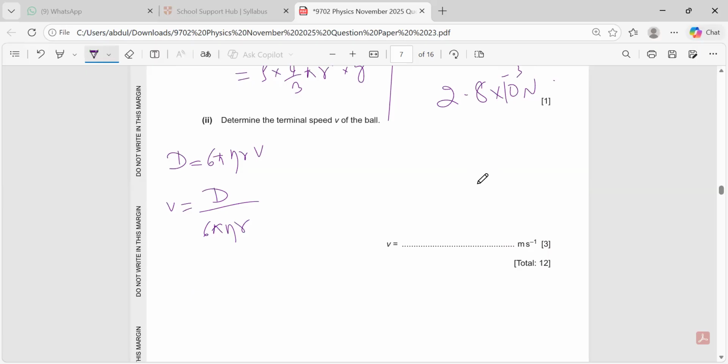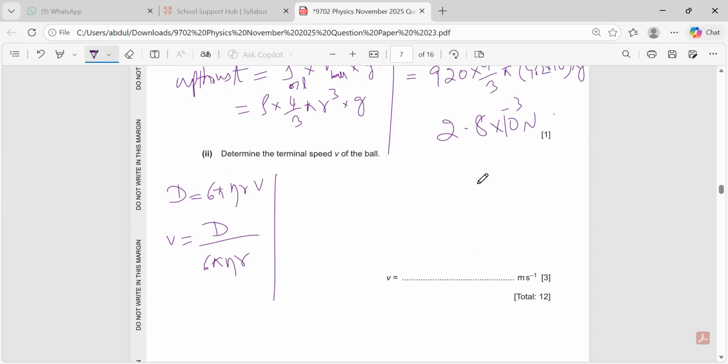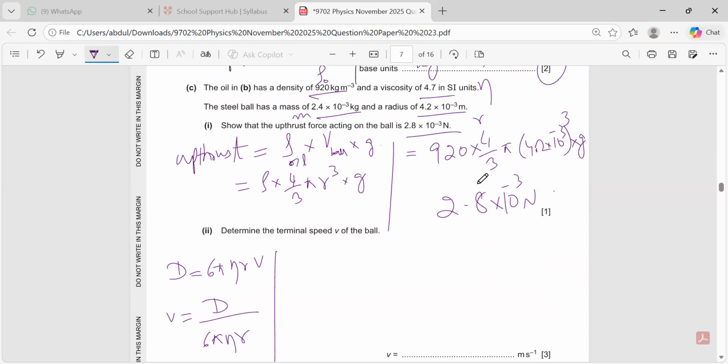Okay. Now, my dear friends, we need to calculate drag force. That was up thrust, okay?